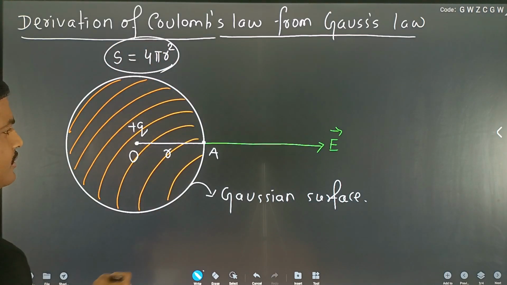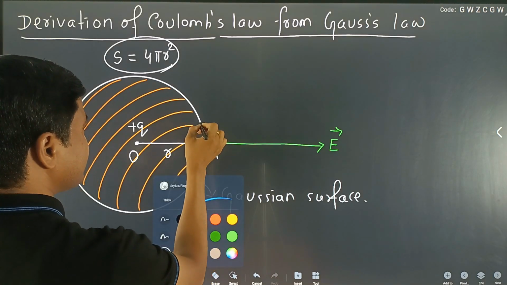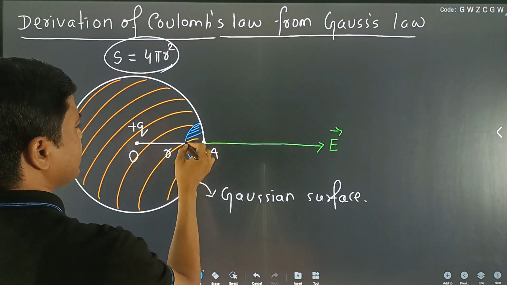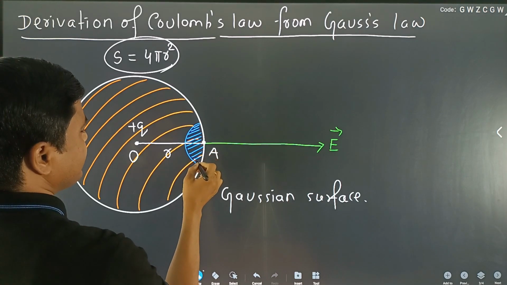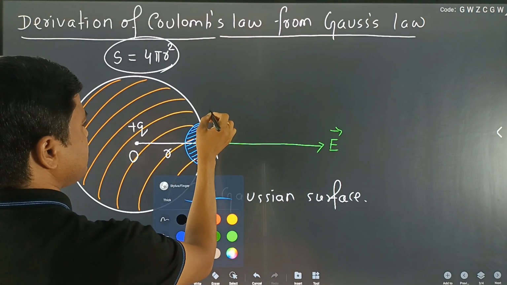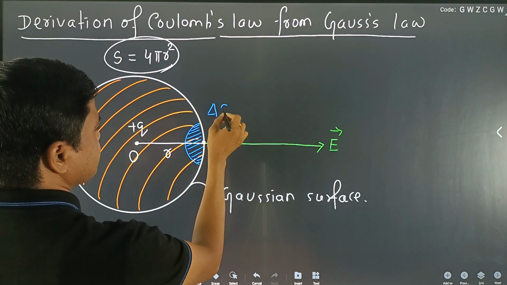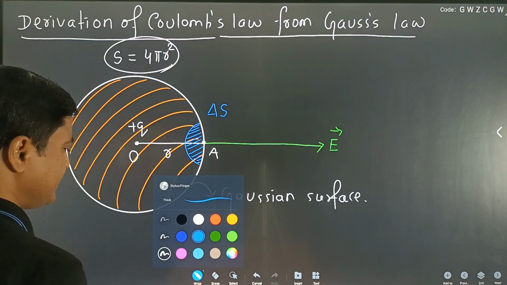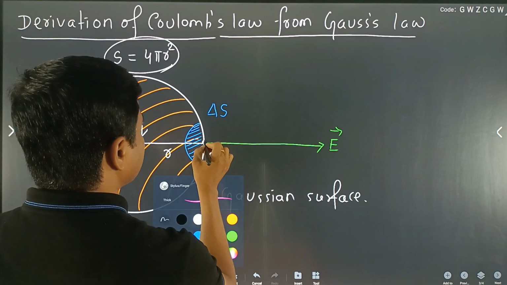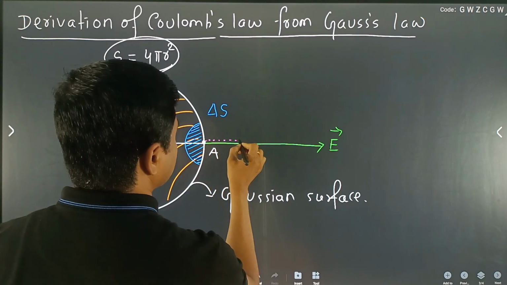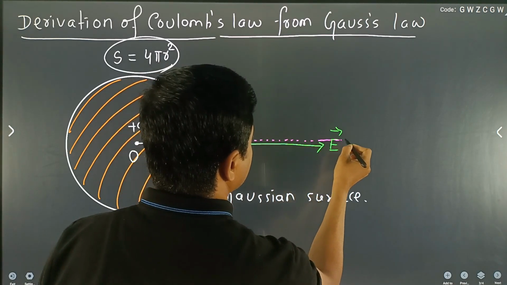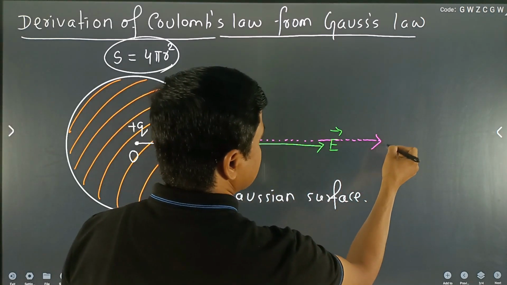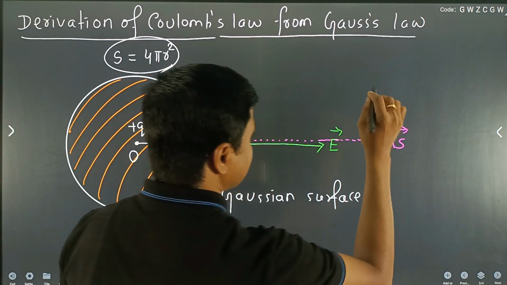You know this formula. And here we take a small surface area, a small area element, and we write it as del S. Then what is the area vector? We draw a normal to the small area element, and that is known as the area vector, del S vector.